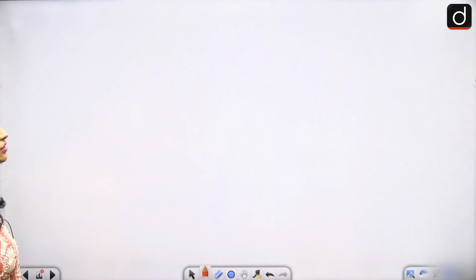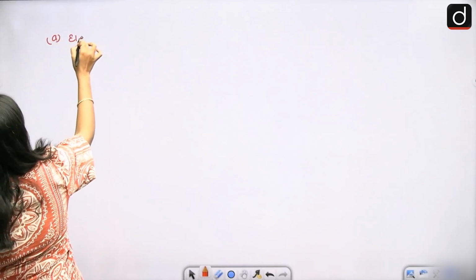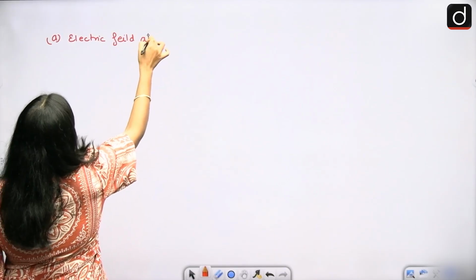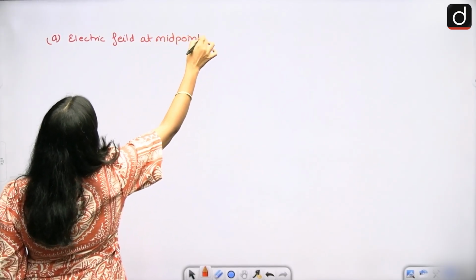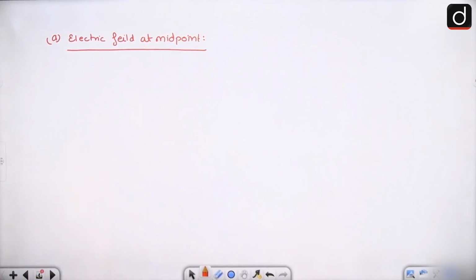The first question asks you to calculate the electric field at the midpoint.